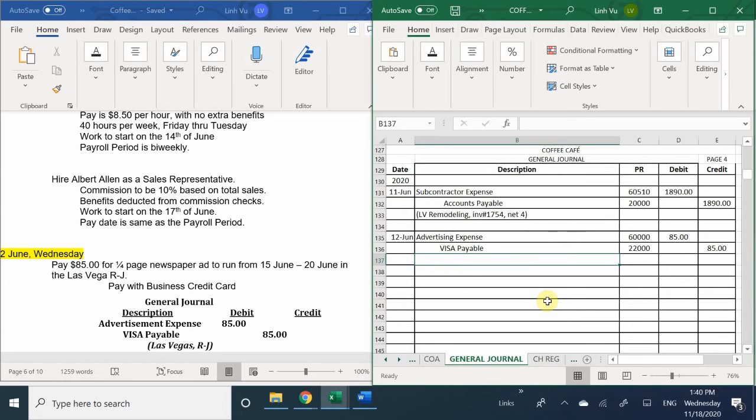Okay, and then let's go ahead and make a note here. So, who is the vendor I am going to be working with? That is Las Vegas RJ, Review Journal. We could just do LV for short for Las Vegas, LVRJ.